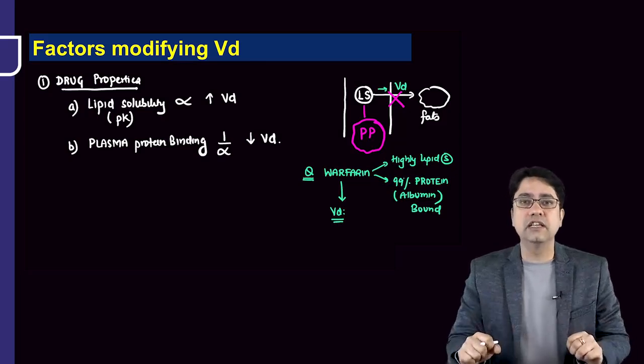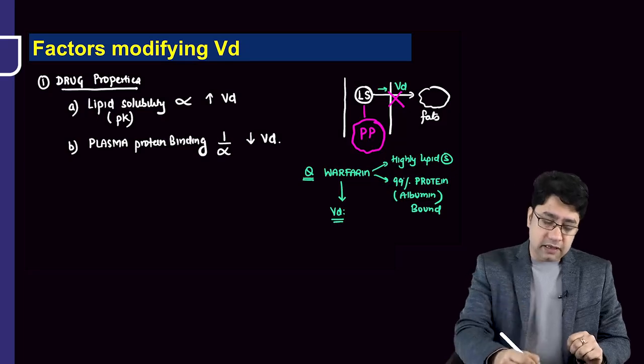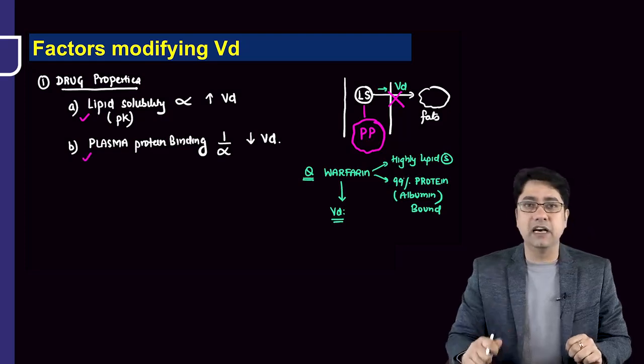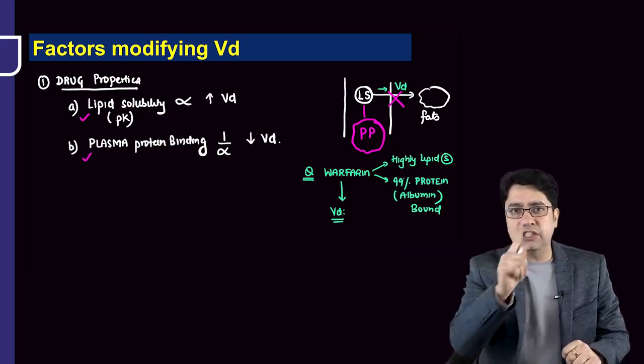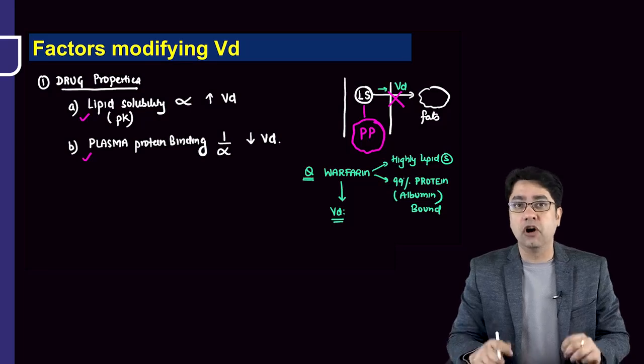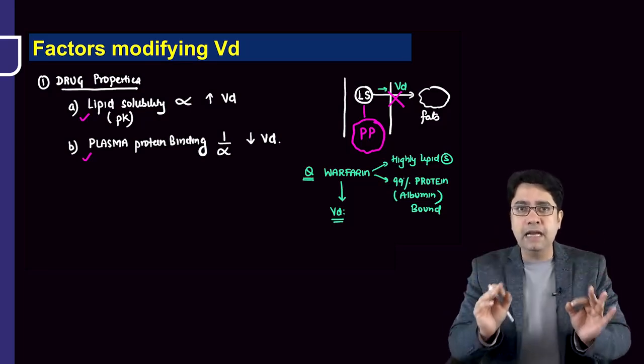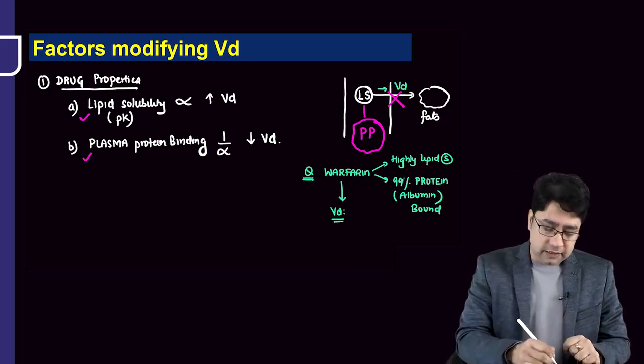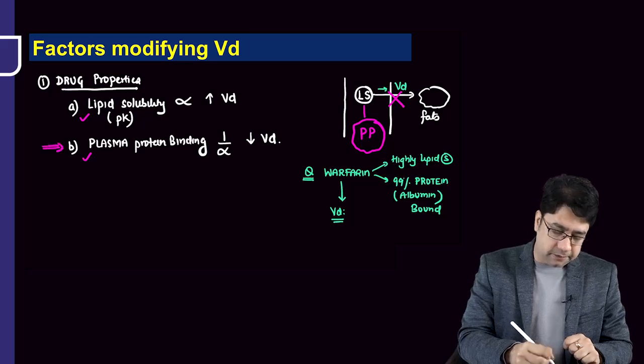Now, why has this question been asked? Because if a drug is both lipid soluble and highly plasma protein bound, which factor will dominate, or which factor is the main determining factor? It is always and always plasma protein binding. It is the predominant factor.